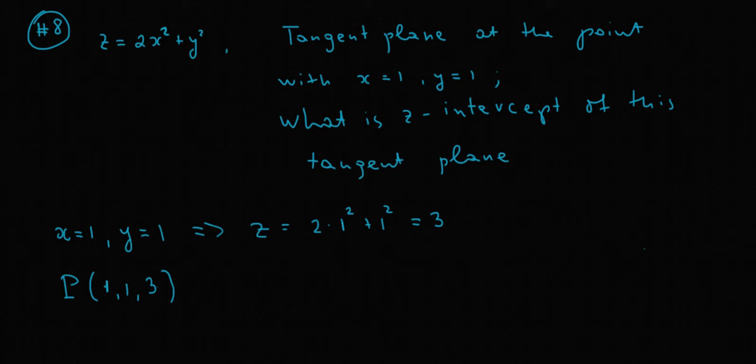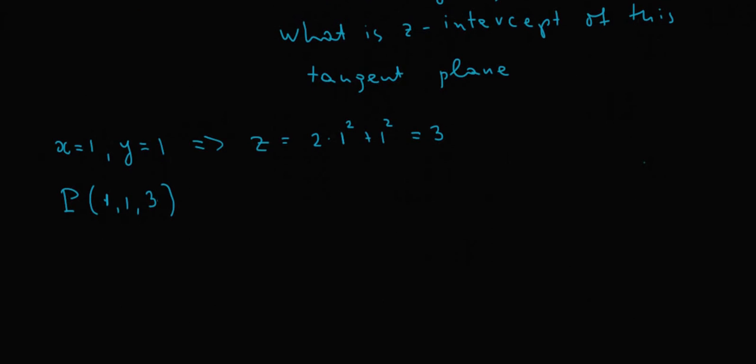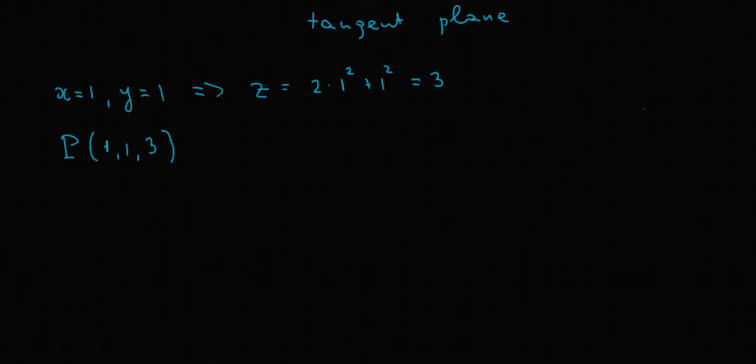So let's recall the general formula for the tangent plane to the graph of a function z equals f of x, y at a point with coordinates a for x, b for y, and then c for z.